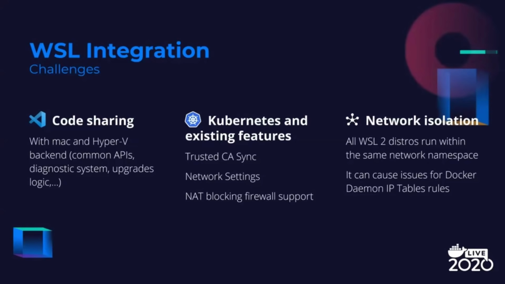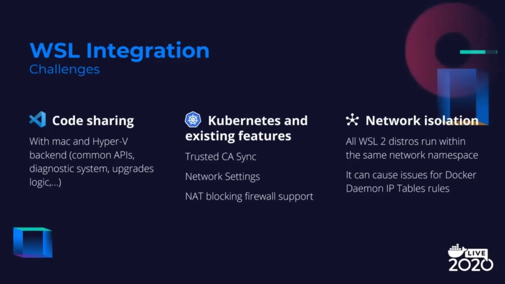And if you imagine running two instances of the Docker daemon in two different distros within your WSL environment, actually things can go very, very wrong, and each daemon will kill its own networking.